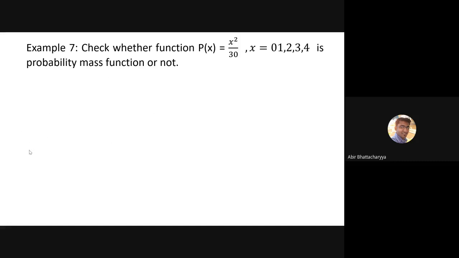Now check whether this function is a probability mass function or not. All of you check it and let me know. The values of x are 0, 1, 2, 3, 4. Total 5 values are there.